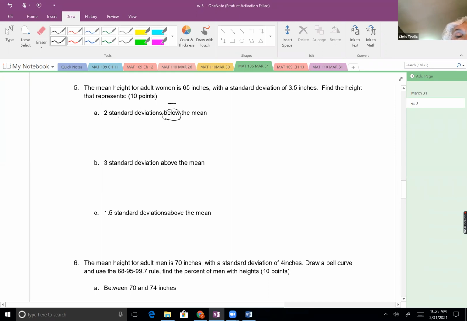So if I'm looking for 2 standard deviations below the mean, my mean is 65. My standard deviation is 3.5. And so I'm going to take the mean. To go below, I'm going to subtract 2 times that standard deviation, which is going to give me 58.